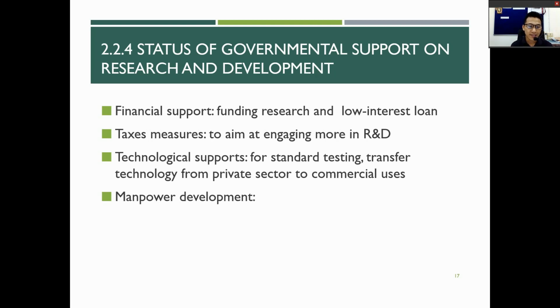The third one is the technological support for doing standard testing, and also transferring technology from the private sector that is coming out and trying to boost up to the level of commercial use. And of course, manpower development, where you have a lot of education strategy and education technology that you use to empower our Thai people.